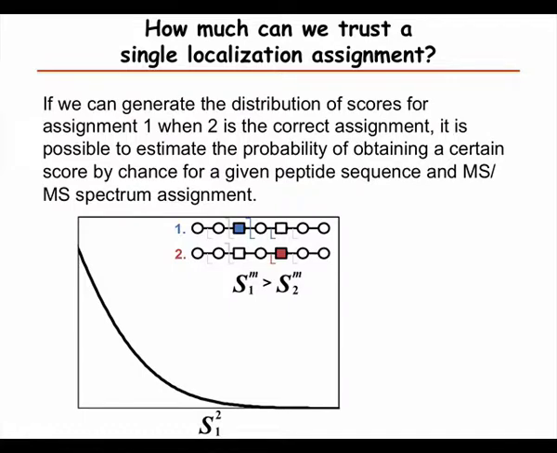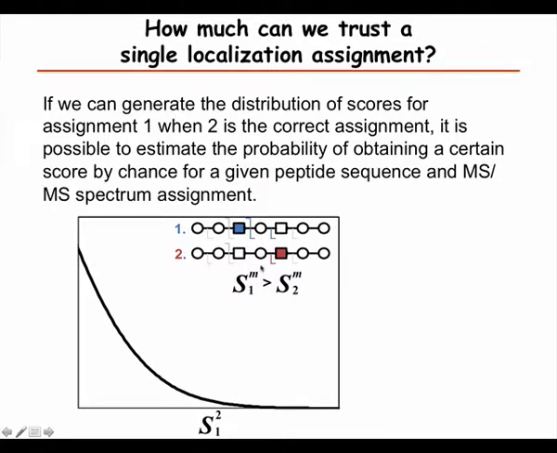So we talked now about a whole data set, but the question is, can we make a model and a way to decide how much we can trust an assignment? So we're going back to our case with two different peptides. We have some evidence for each of them, but more evidence for one. What we can do is make the assumption that 2 is the correct one.